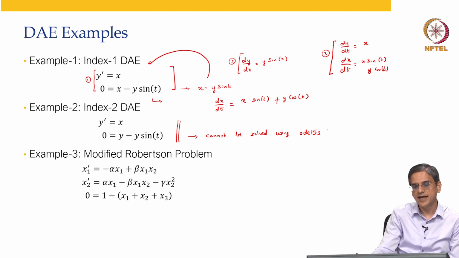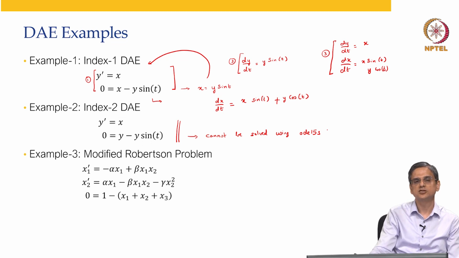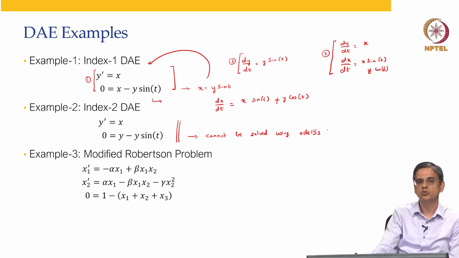Because over here x is not explicitly specified, but x is implicitly given. What you can do is differentiate this equation once, and as we had shown earlier in the first lecture of this bonus set, you will get the second equation in terms of x. Then you have an index 1 DAE and you can solve it using ODE 15s.